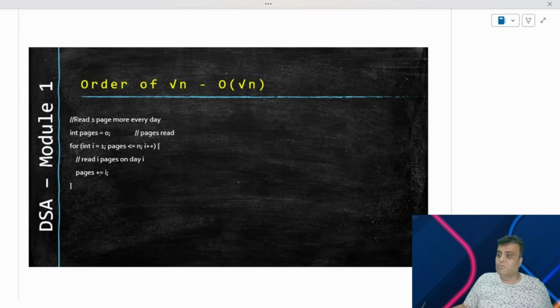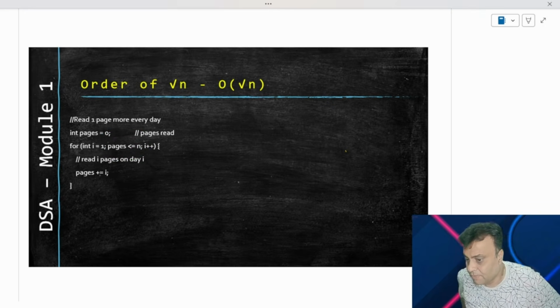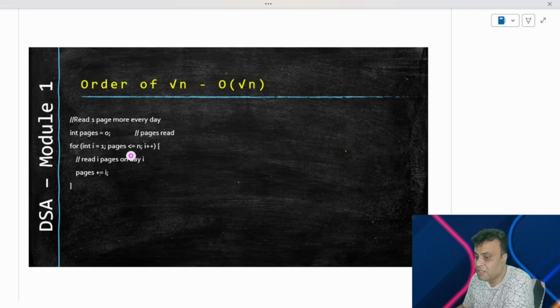The last type of time complexity that we will discuss is the root over of n. And if you see, I've written a code which is basically reading one page every day. Now, if you see carefully, this particular line, pages less than equal to n, is the condition of exit. Do you therefore know how many times this will execute?